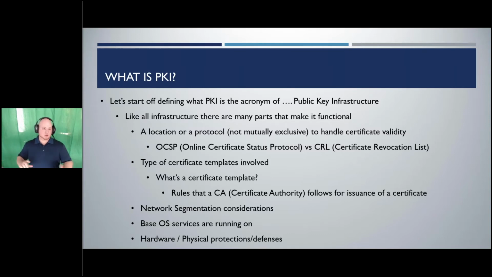OCSP is a query and response. The cool thing about OCSP versus a CRL is that the response comes back from the issuing CA, or an intermediary CA, but we'll get into that later.